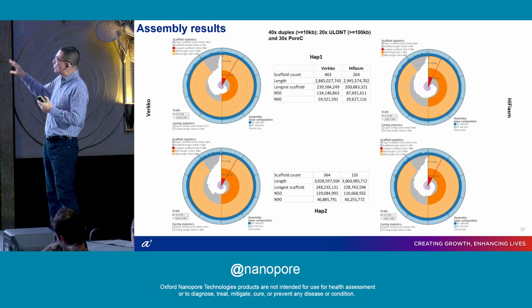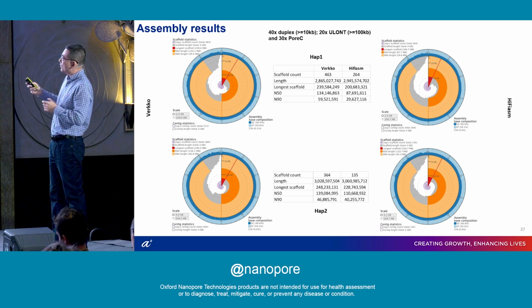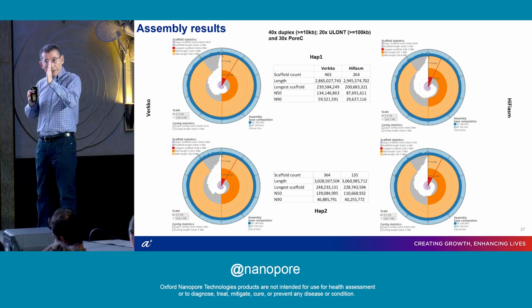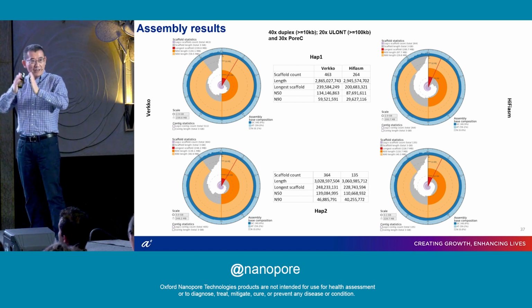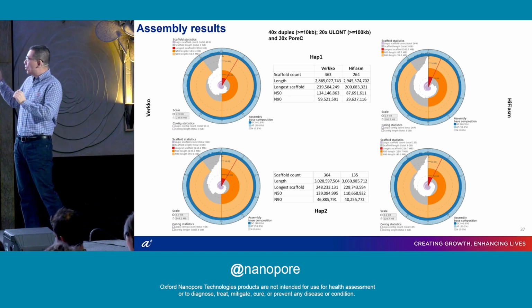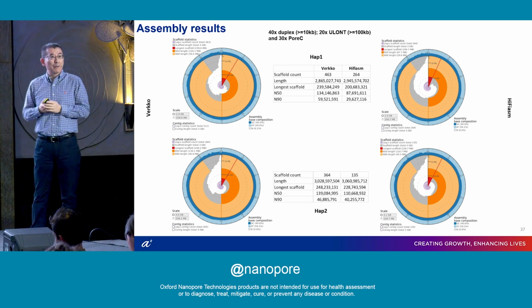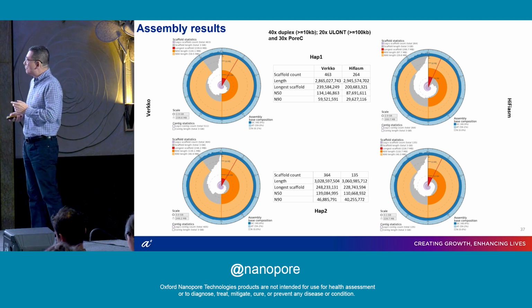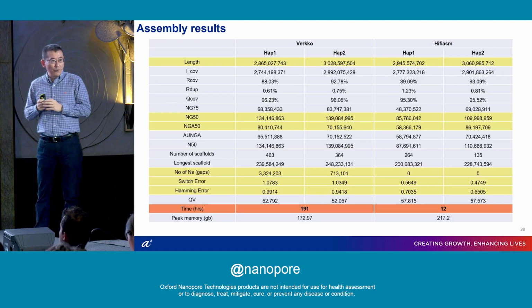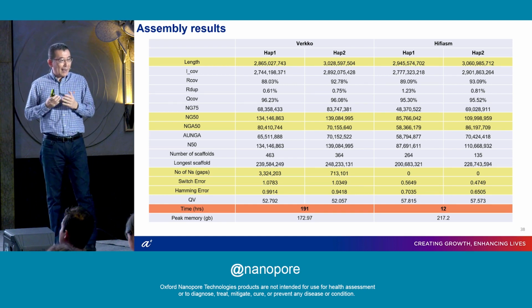If you look at the overall outcome, you can look at the N50, which basically means the median or middle size in terms of contig length. It's about 134, or over 100 megabases. This table gives you more information about the outcome.